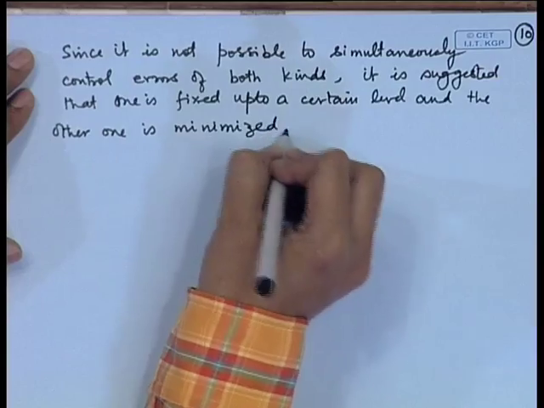That means, we should find a test procedure such that among all the test procedures which have size a given value say alpha star, the power function of this test is having the smallest value.